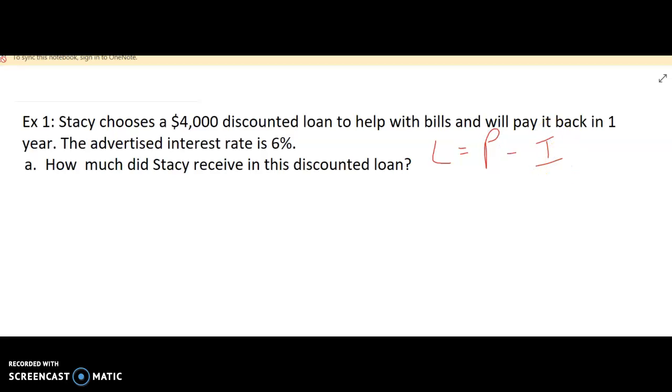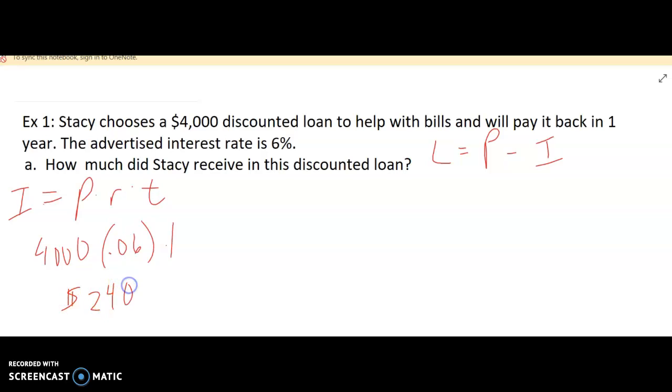So the first thing we have to do is calculate the simple interest. Simple interest is principal times rate times time in years. So $4,000 times the interest rate of 0.06 times the years, in this case 1. So Stacy's going to pay $240 in interest.